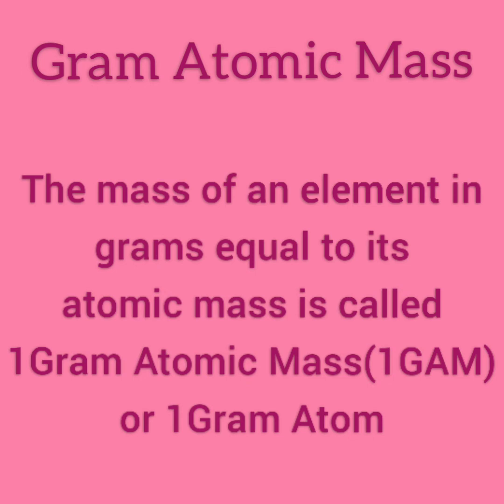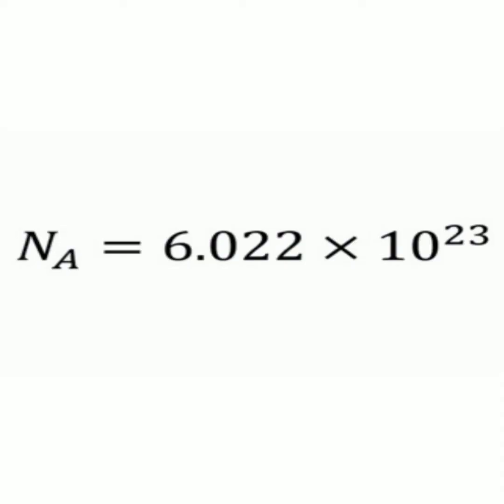These atomic masses, when expressed in grams, are equal to 1 GAM or 1 gram atom. And 1 GAM of any element contains 6.022 into 10 raised to 23 atoms in it. This number is known as Avogadro's number.